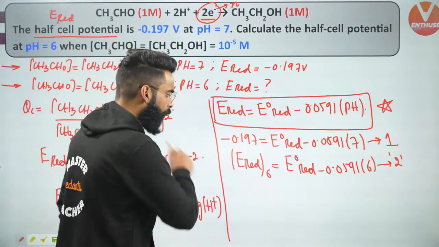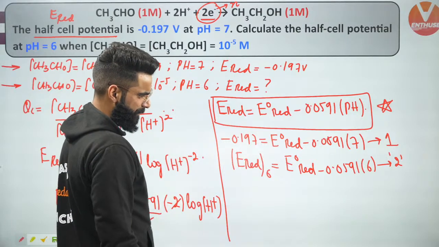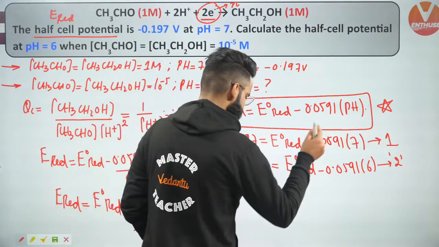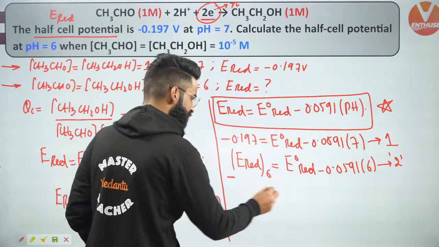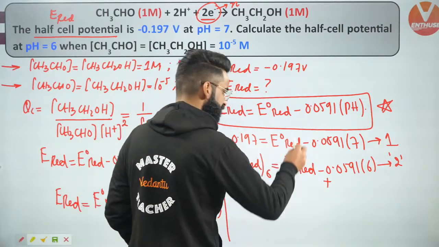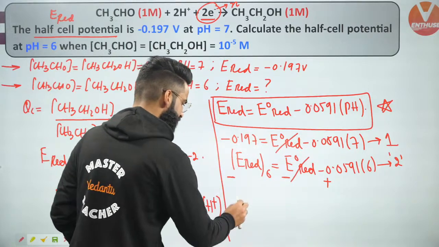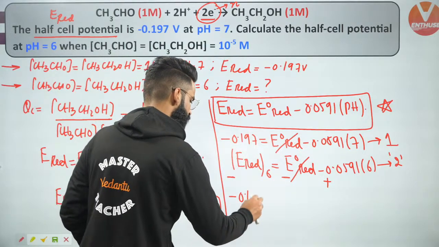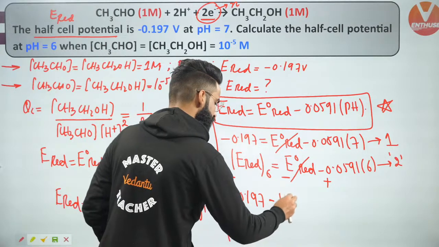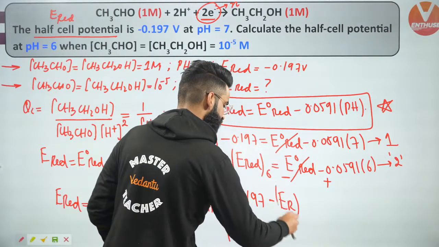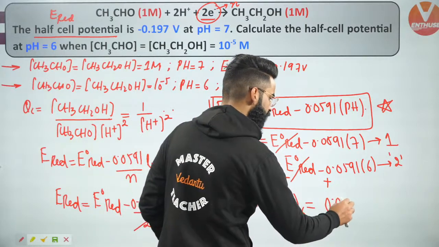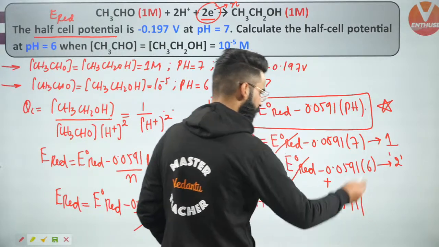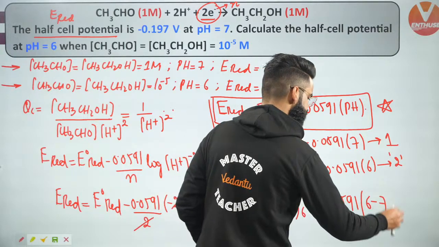Now what will I be doing right here? If I subtract second from first, this will be minus, this is going to be plus. Can I say this and this got cancelled? Can I say I got something like this: minus 0.197 minus the reduction potential of the electrode when the pH was kept as 6 is equal to 0.0591, taking common, times 6 minus 7.